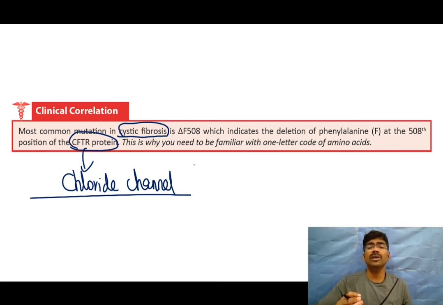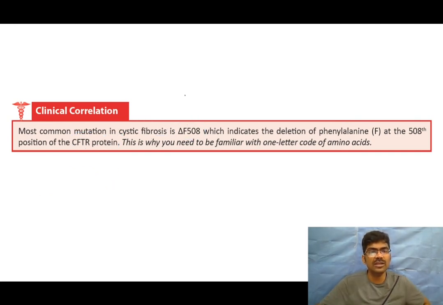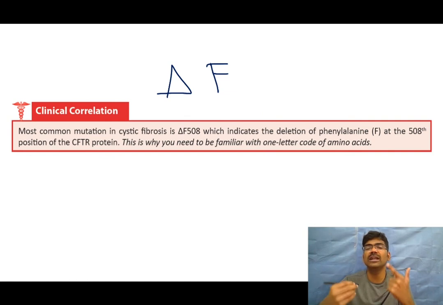The disease can be caused by many mutations. One of the common mutations is described as delta F508. How to understand the meaning of delta? What is the meaning of F? So here comes our knowledge of the 1-letter code of amino acids. F, you know, right?